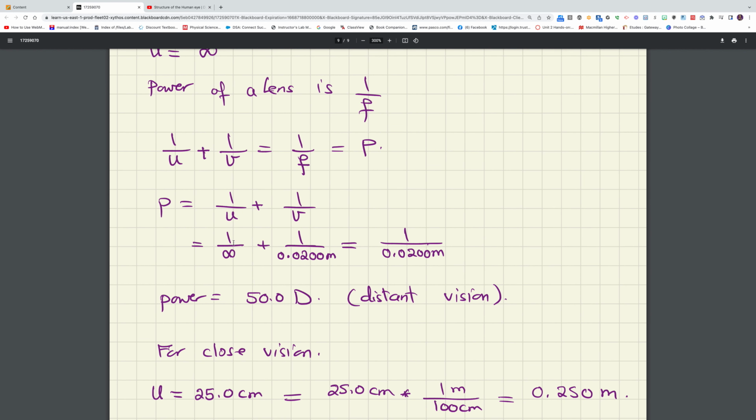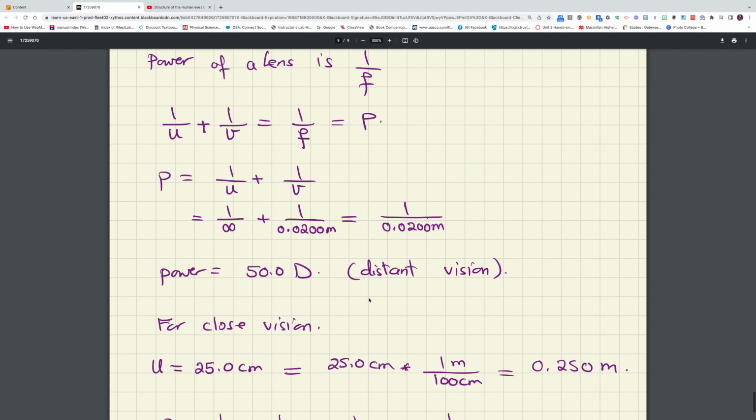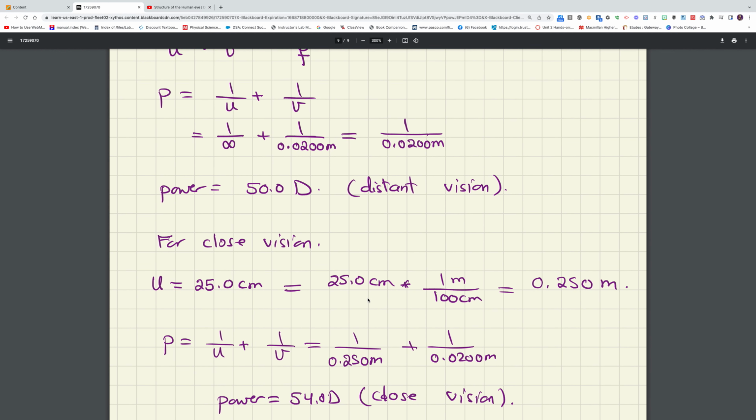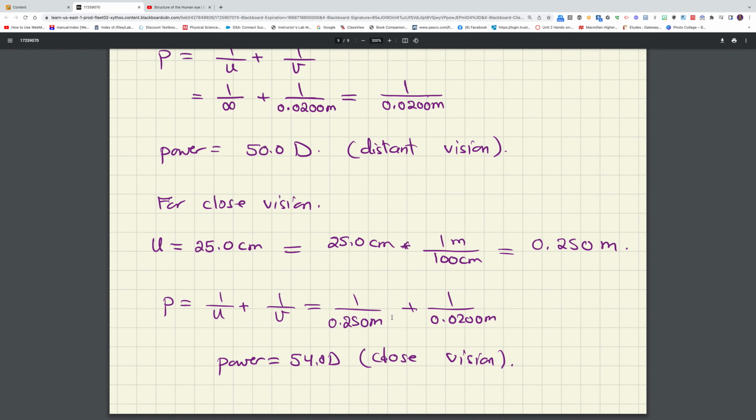That is 1 over infinity, which is 0, plus 1 over 0.02, and then the power is going to be 50. This is for the distance vision. And for the close vision, for a normal person, 25 centimeters, we're going to convert this into meters, and then we're going to find that for the close vision it is going to be 54.